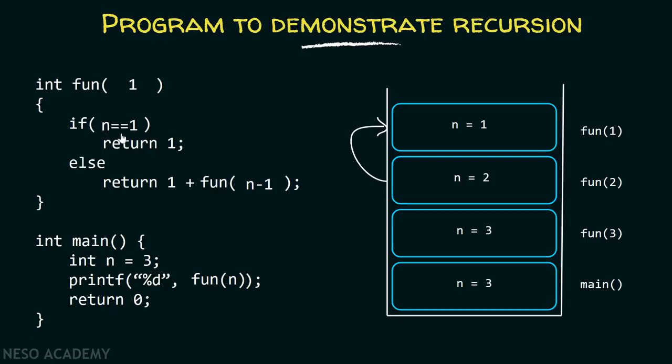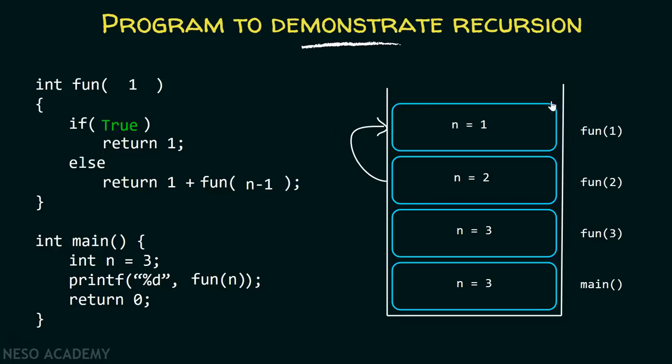Now again we check this condition. As 1 equals 1, which is true, this part will get evaluated. Here in this case we simply return 1, which means we are returning back to the caller. And who is the caller of fun1? Fun2, right? Which is indicated over here.